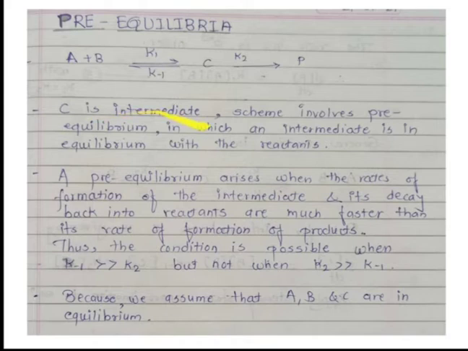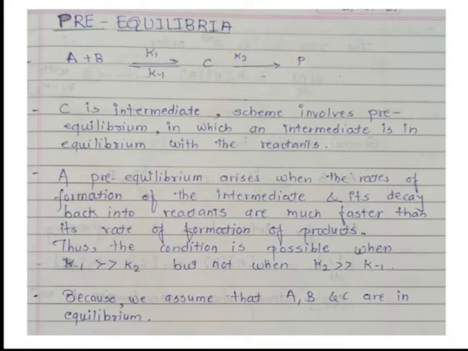So C is the intermediate and this scheme involves a pre-equilibrium. It means A plus B gives C and there is an equilibrium before formation of a product, and this is called a pre-equilibrium, in which an intermediate is in equilibrium with the reactants A and B. A pre-equilibrium arises when the rate of formation of the intermediate and its decay back into the reactants A and B are much faster than its rate of formation of a product.